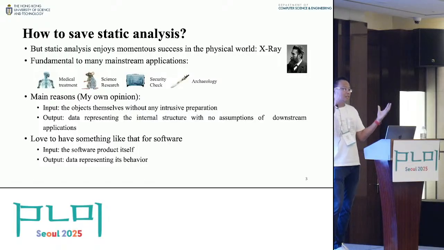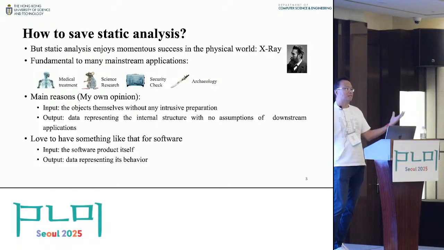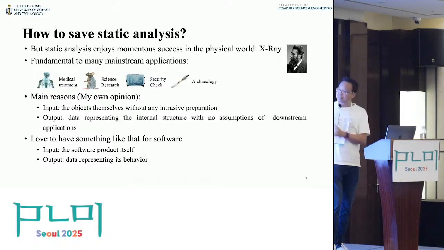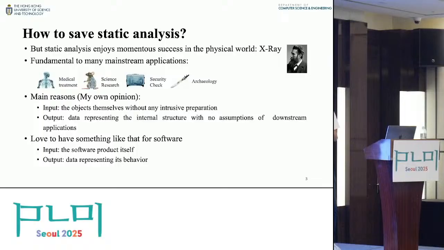Almost immediately after he invented X-ray, at the age of 50 or around my age, he started to get medals from the king, and he's actually the first Nobel Prize winner in physics. So that's how successful static analysis is in real life. Actually, it's very fundamental to many mainstream applications. So it's a successful piece of static analysis technology.